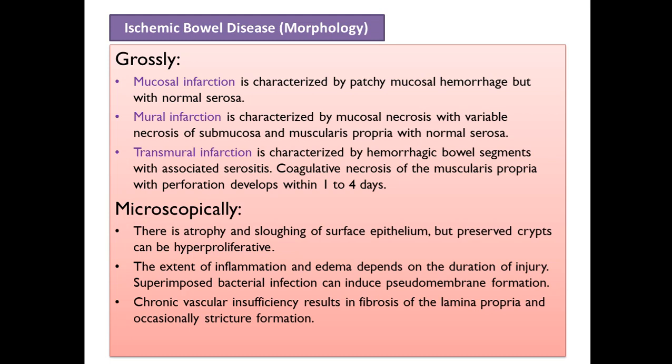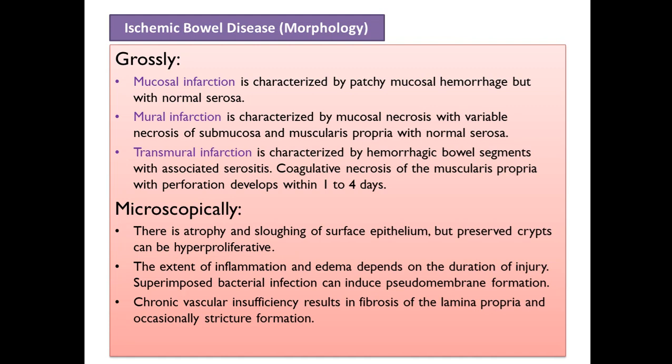Now, morphologically, in mucosal infarction, there will be patchy mucosal hemorrhages in the mucosa, while the submucosa, muscular layer, and serosa are comparatively normal. In mural infarction, the mucosa and submucosa and parts of the muscularis propria are also involved.